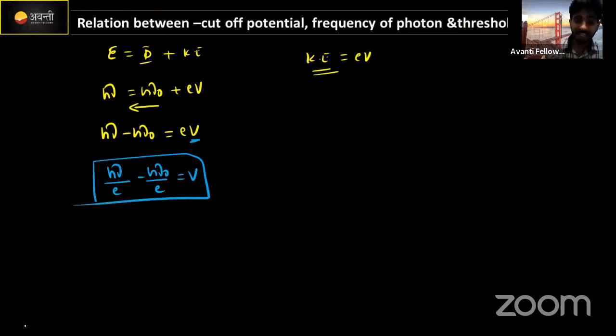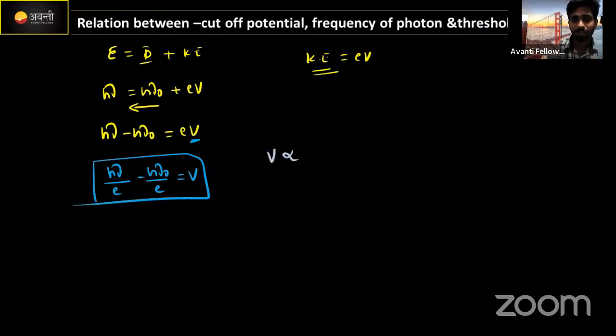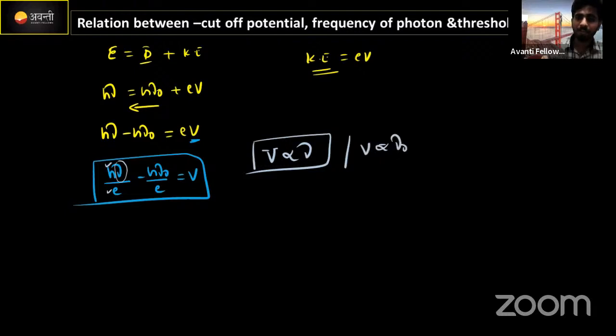So the potential value is directly proportional to the value of nu, and similarly to nu naught. H and e are constants. Clear enough? Hope it is clear. Good. Note this down.